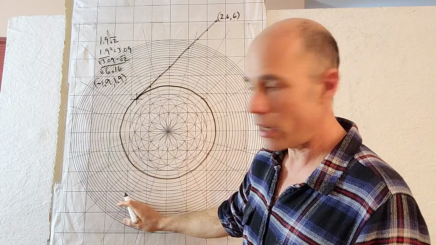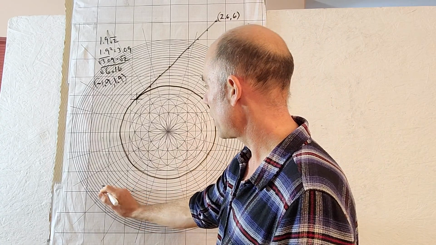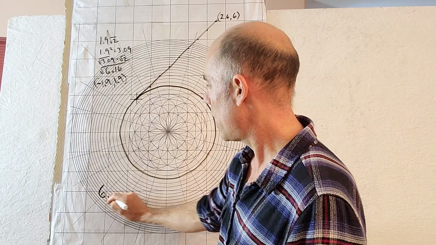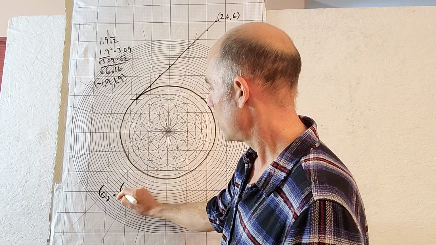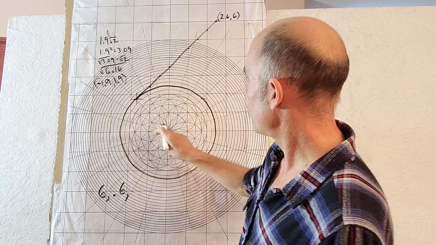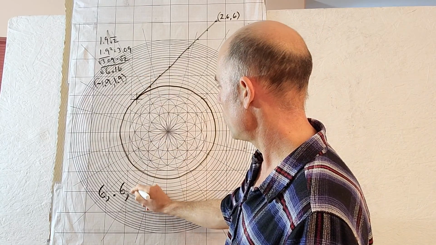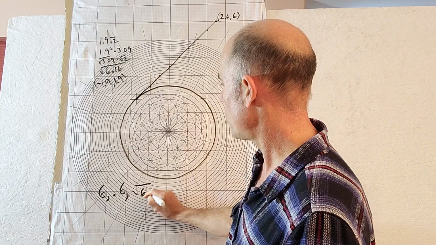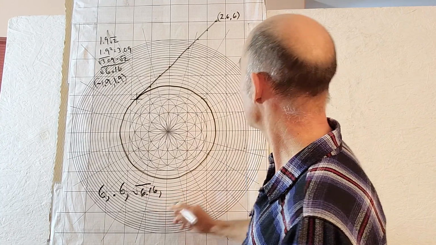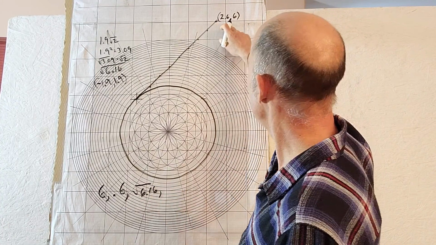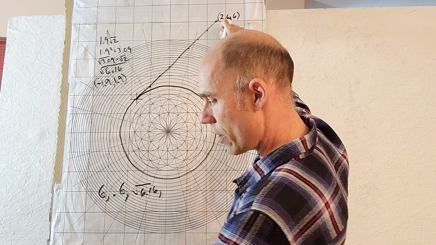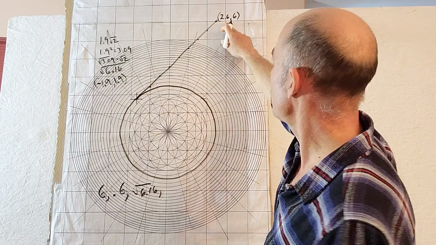So again, I'll start writing this down here. We've got the length of 6, and we have the decimal value of the length of 6. We also have the length from here to there is the length of the square root of 6.16, and then 2.6 squared is 6.3.